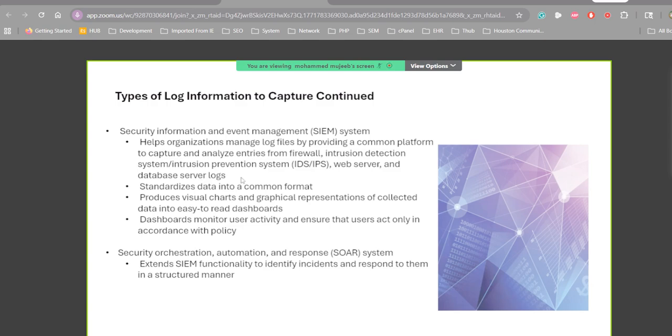So basically, a SIEM is your source of truth for logs, right? From everywhere you can get logs, from firewall, from IDS, from IPS, from web servers, database server logs, all of those you can compile together in the SIEM, and then you can standardize data into a common format.